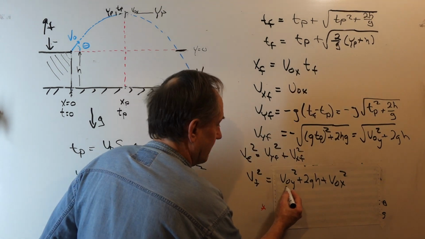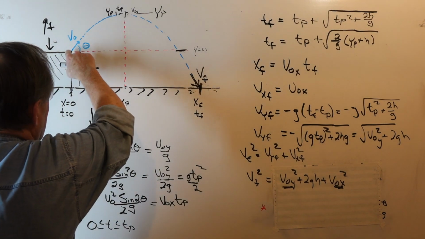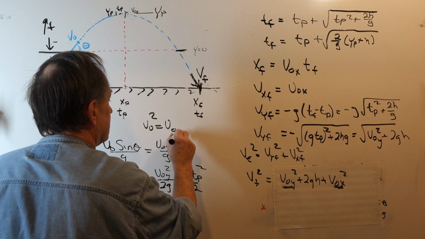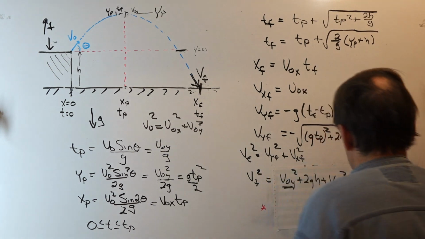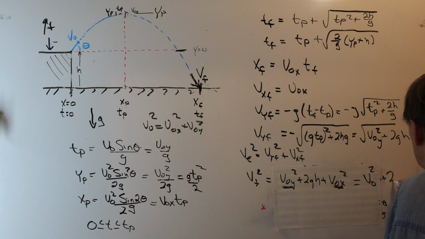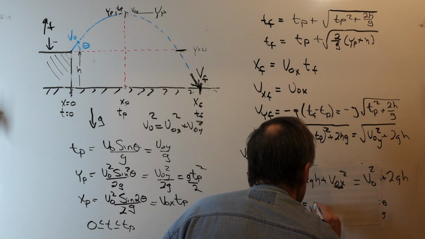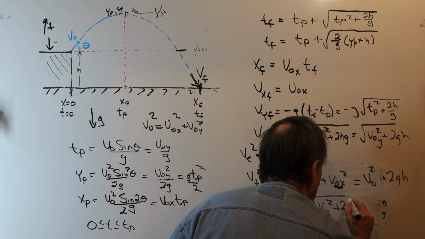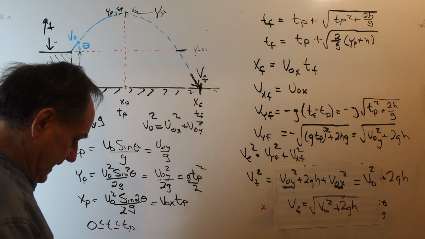Now notice, v0y squared plus v0x squared, what's that? That's just our initial velocity. Remember that v0 squared is v0x squared plus v0y squared. So this just becomes our initial velocity squared plus 2gh. So the final velocity is the square root of the initial velocity squared plus 2gh. That's another final form that we can have here.